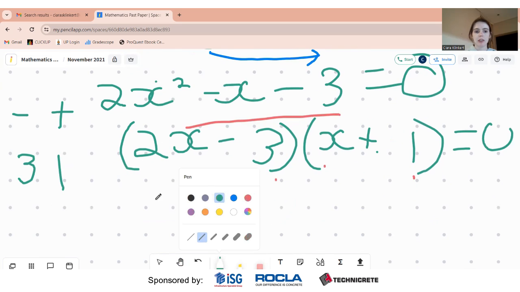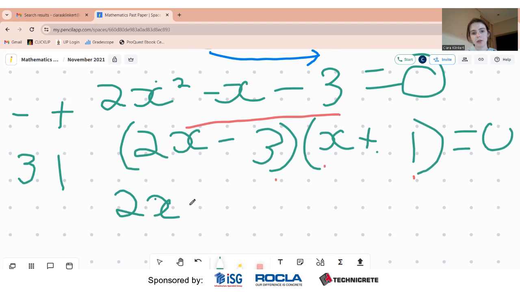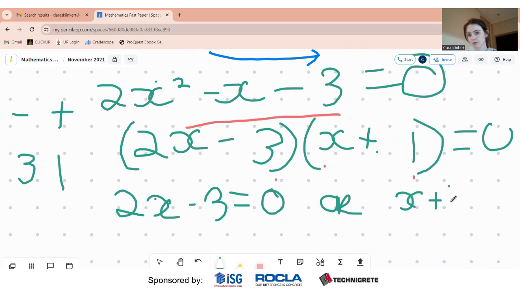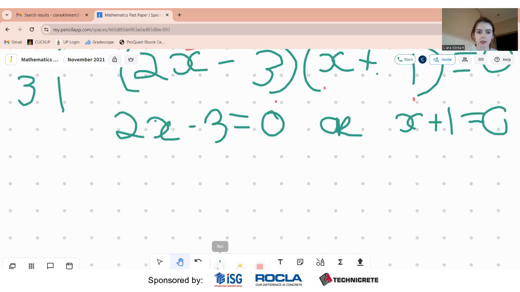So I'm going to set the first bracket equal to 0, and then the second bracket, so I'm going to say or the second bracket is equal to 0. Now I need to solve for x in each equation. So I'm going to take this -3 over.